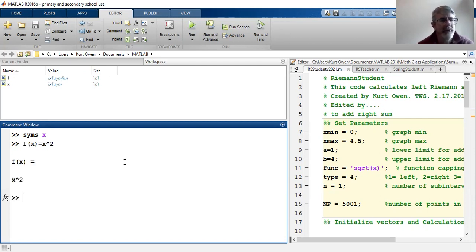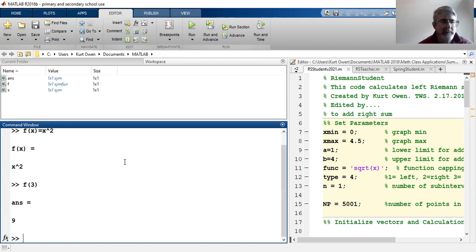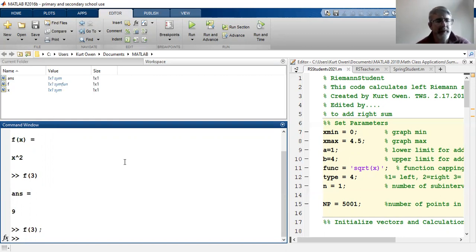Now that I have f(x) in there, I could ask, what is f(3)? Sure enough, the answer comes out to be 9. By the way, if I do f(3) with a semicolon, no answer is reflected back in the command window. If you want to see it in the command window, leave the semicolon off. If you don't want to see it, put the semicolon on.